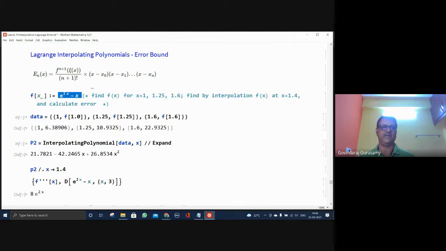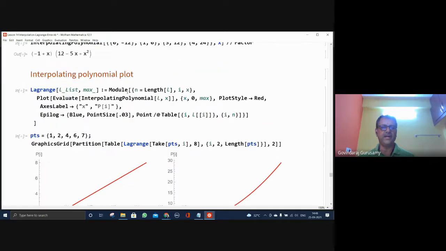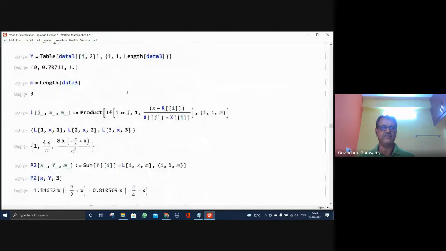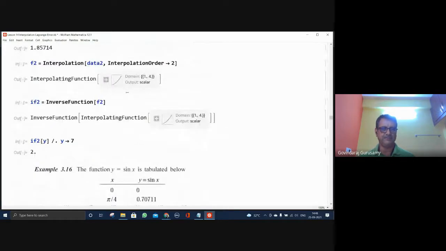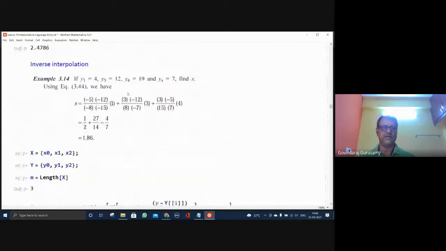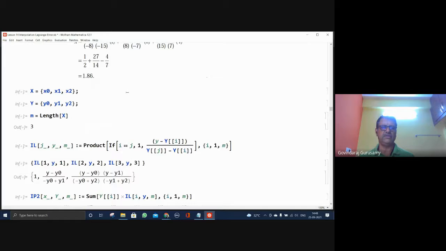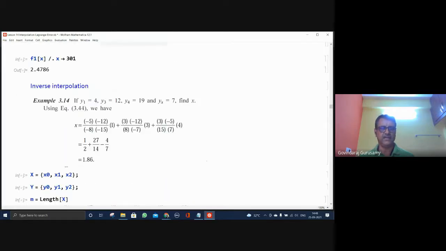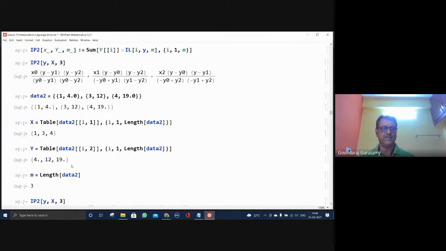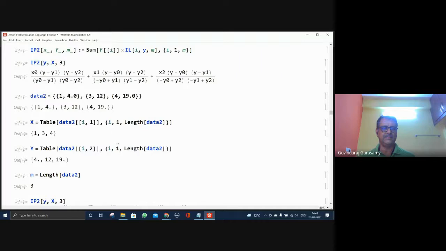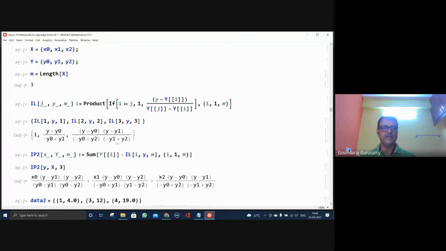That can be confirmed. If you try for other data, since you do not know the function, it is difficult to find out the error that's involved. You need to have the function. For example, in this problem, there is a functional form.